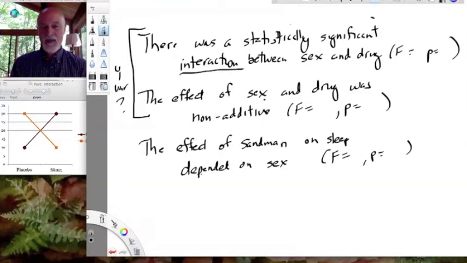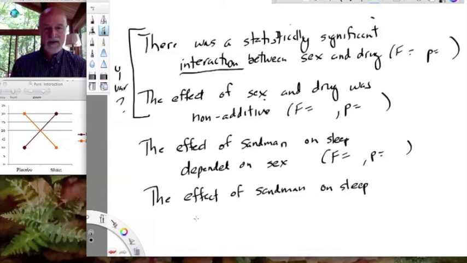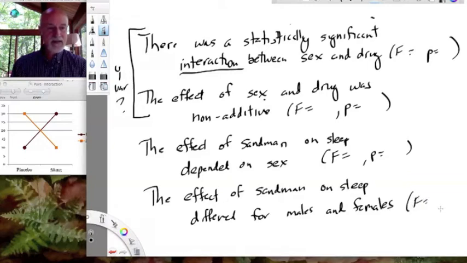But I think we can do even better. How about the effect of Sandman on sleep differed for males and females? I mean, there's a straightforward declarative statement, and our evidence is F equals P equals, just like above.